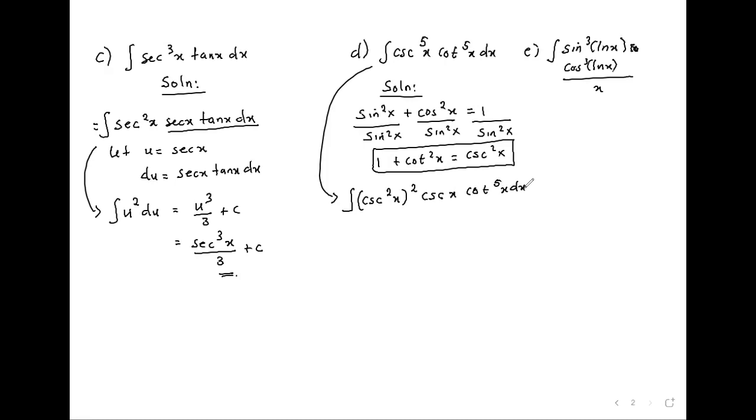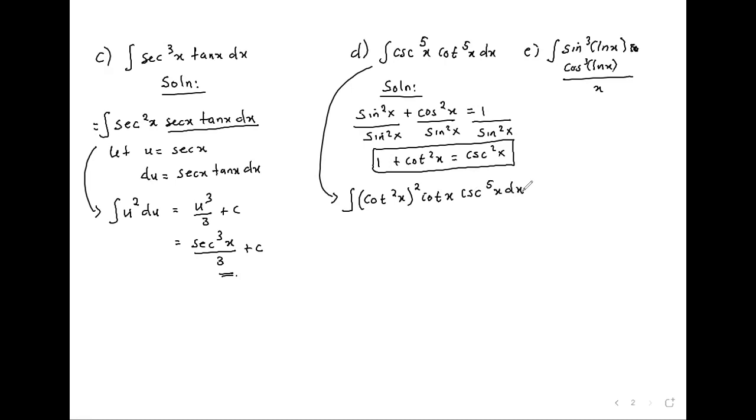Let's see. Well, let's use it in reverse. Let's keep the cosec and change cot because of the integrals. So let's write cot squared x squared, and then keep one cot here, and then fix the whole cosec 5x dx.